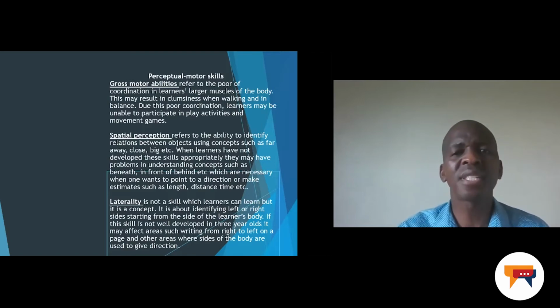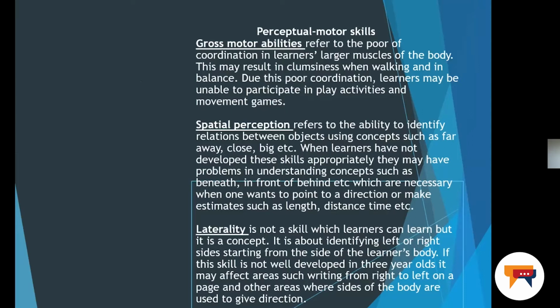It does happen sometimes that this problem moves on up until the learner is in the upper phases. It can be that a learner maybe in the intermediate phase or even in the senior phase is still having a problem with perceptual motor skills.